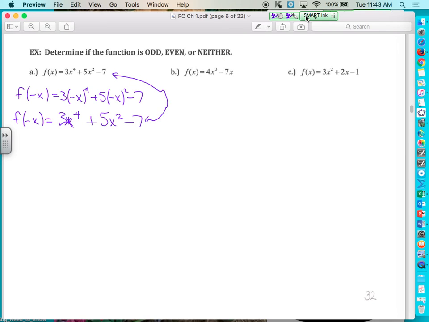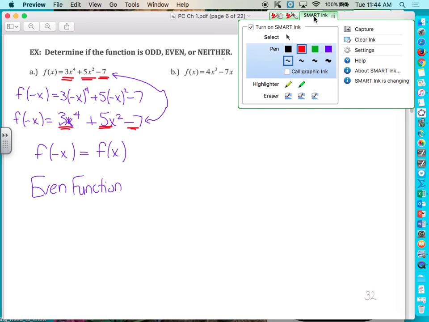If you look back at this original function, your f of negative x, when you plugged a negative in, we got the exact same function that we started with, which means this function is an even function. None of the signs changed. This 3x to the 4th is still 3x to the 4th. 5x squared is still 5x squared. Negative 7 is still negative 7. So this particular function holds that property where it's an even function.